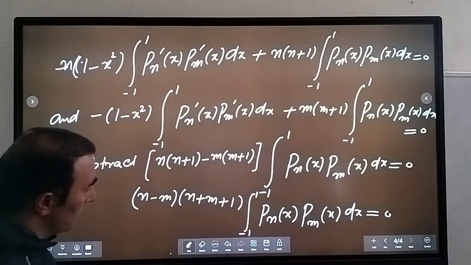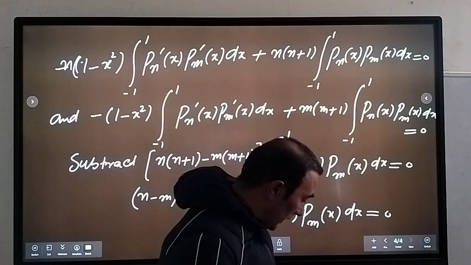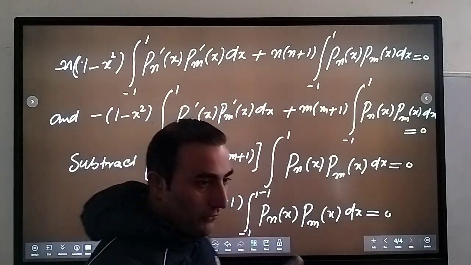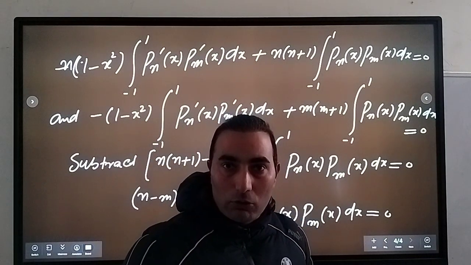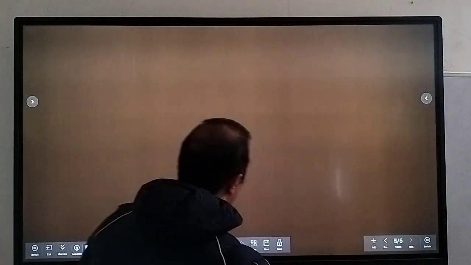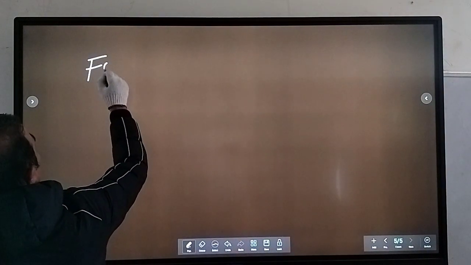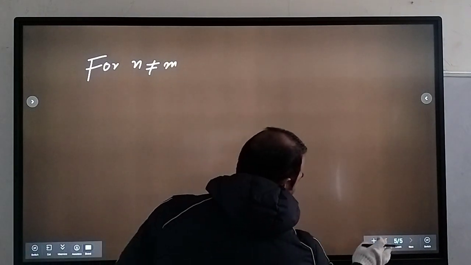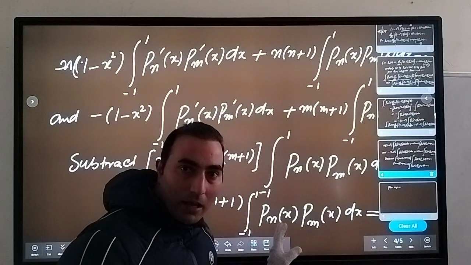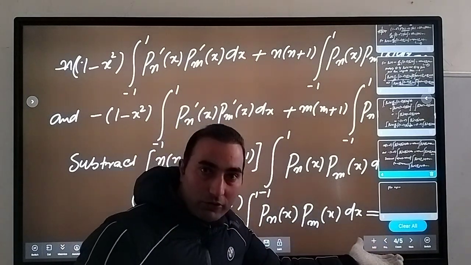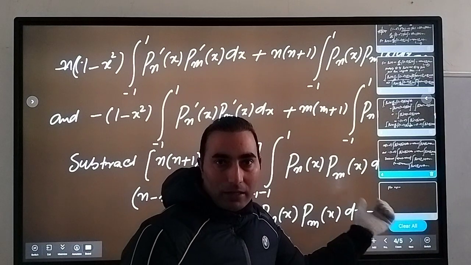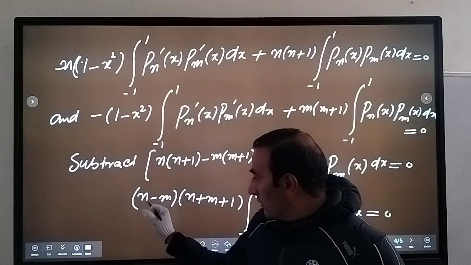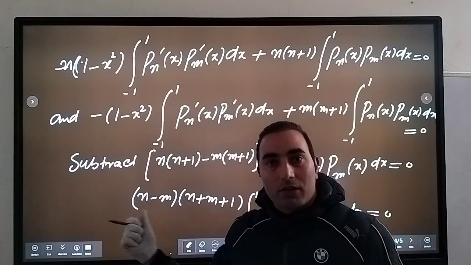That's the concept, right? Now there are two cases. If we consider n not equal to m, either this term will be equal to 0 or that term will be equal to 0. So in that case, whatever our equation is, when n is not equal to m, this term is not equal to 0, so n minus m into this term is not equal to 0.